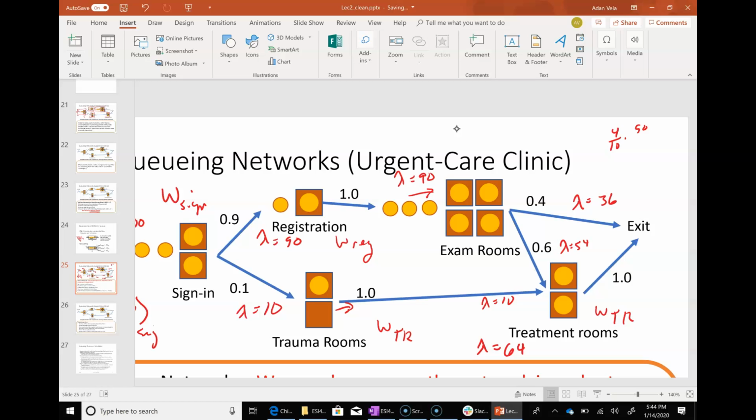We have to be a little bit careful here with the treatment room because the lambda going into the treatment room is 54 customers per hour from the exam room and 10 customers per hour from the trauma room. And so we have a total of 64 customers per hour going into the treatment room.